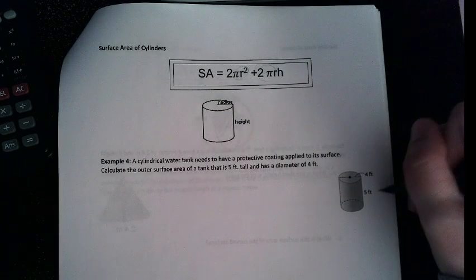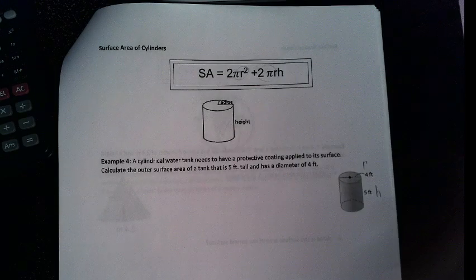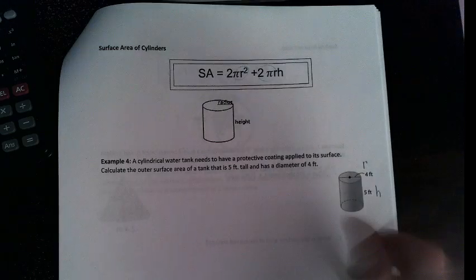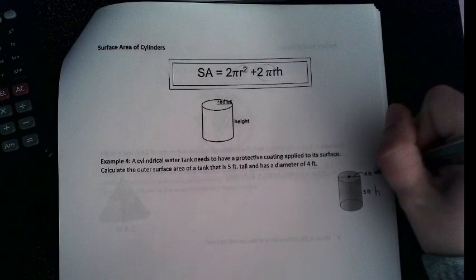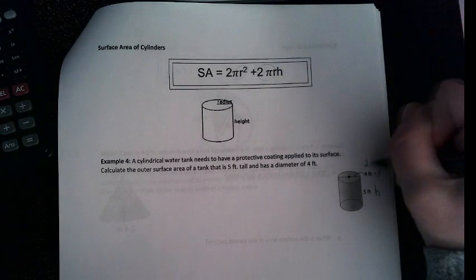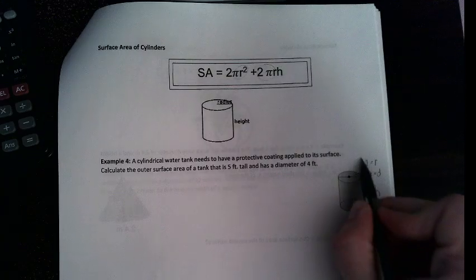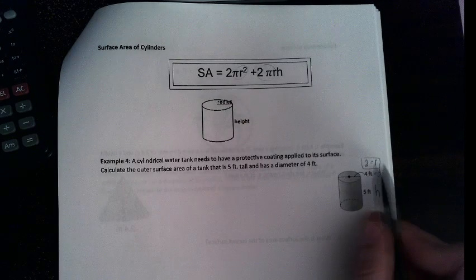So here we have a height of 5 and a radius. Oh, sorry, this is showing a diameter. So the diameter is 4. So this is the diameter. But in our equation we need radius, so I'm just going to divide that by 2. So the radius is 2. So the height is 5 and the radius is 2.